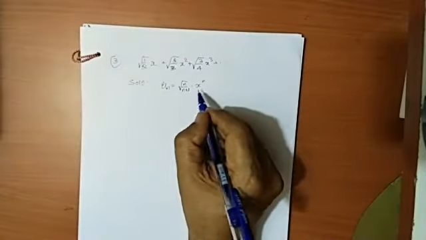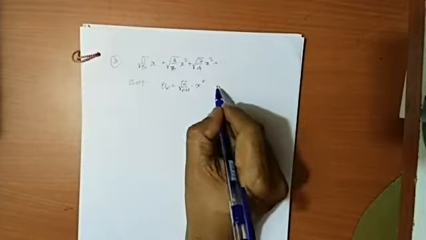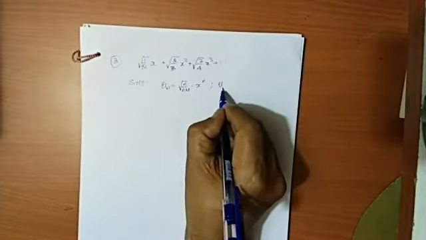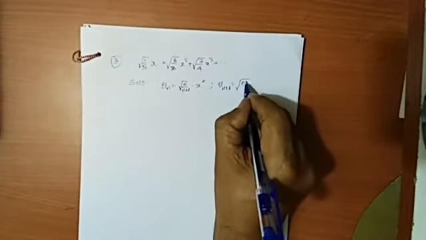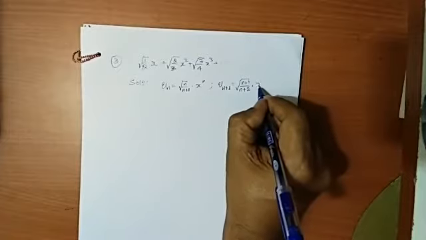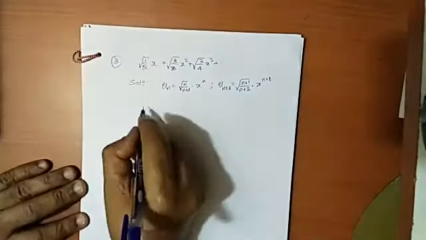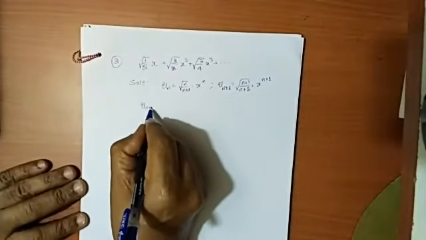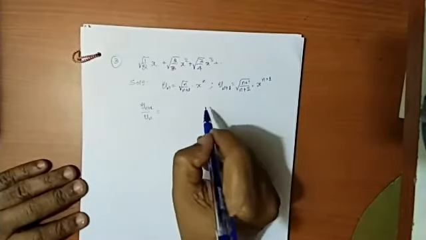So what will be un plus 1? So un plus 1 will be under root n plus 1 over n plus 2 into x raised to n plus 1. What is un plus 1 over un? So un plus 1 over un will be equal to this by this.